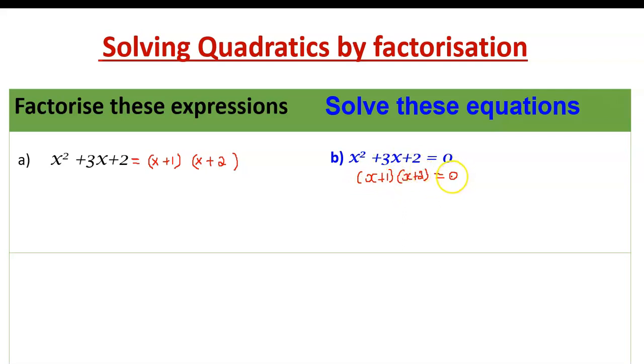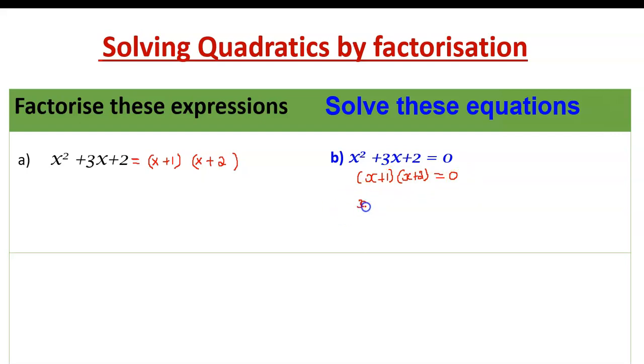Now, think with me: if you have two numbers and you multiply them and you get 0, what can you say about those two numbers? Well, it's not hard to say that at least one of them must be 0, or both of them must be 0. This is what's going to help us solve this. Two numbers multiplied together give me 0.